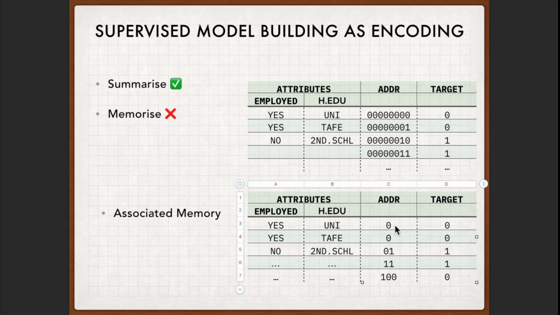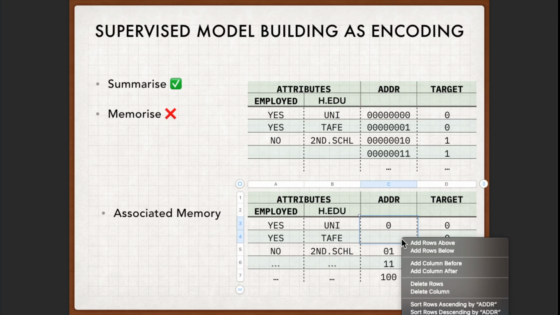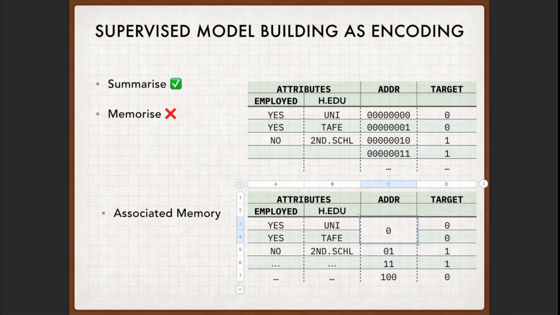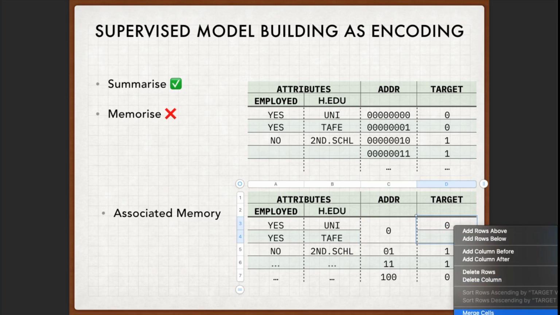Let's merge the two cells to make this more explicit, and of course they now share the same target value.